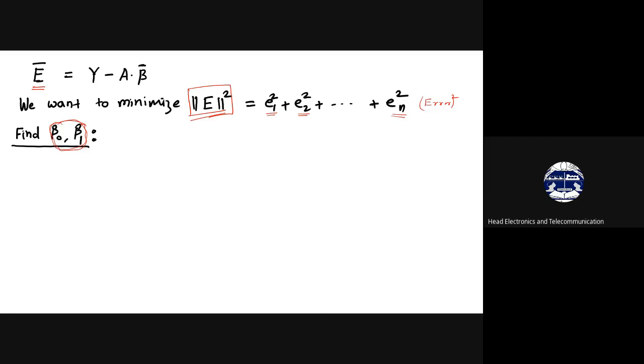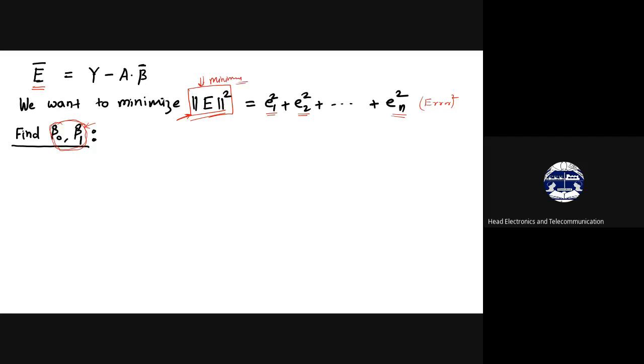The tuning parameters available to me are beta 0 and beta 1. They are my controlling knobs. I can play with beta 0 and beta 1, and then check the square of the error. But I have to change these values such that this factor becomes minimum.